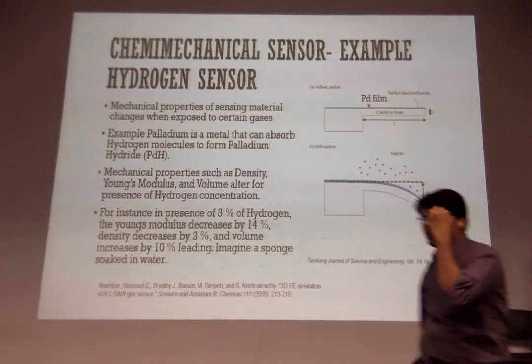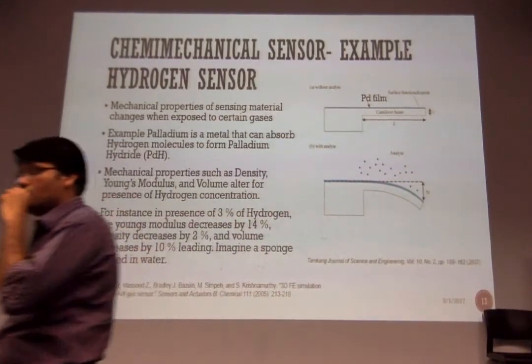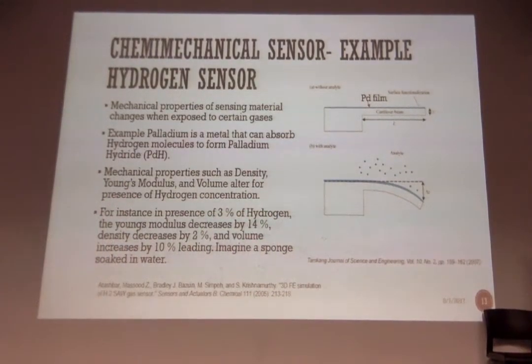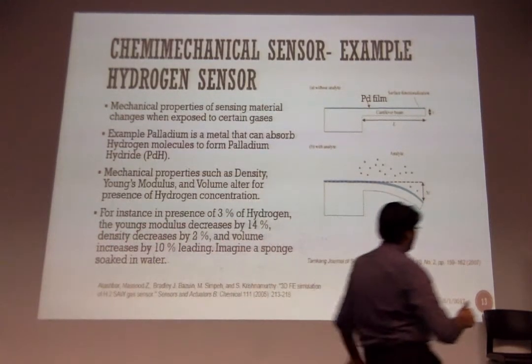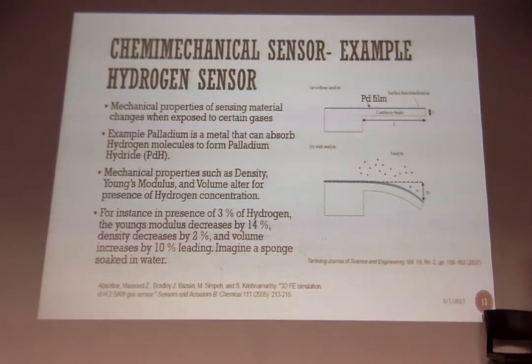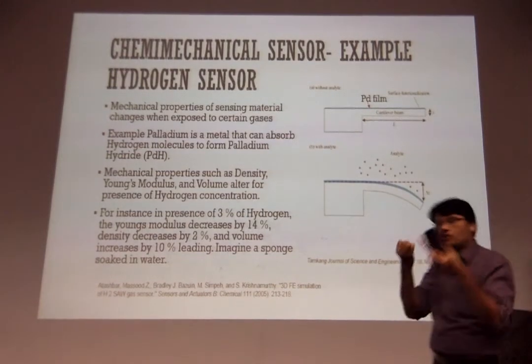Now what happens is, in chemi-mechanical sensors, on reaction with some chemicals, these materials will change their mechanical properties. On absorption of gases, for example, in this case, they say that the Young's modulus decreases by 14%, or density decreases by 2%, or volume increases by 10%, because it's absorbing hydrogen.